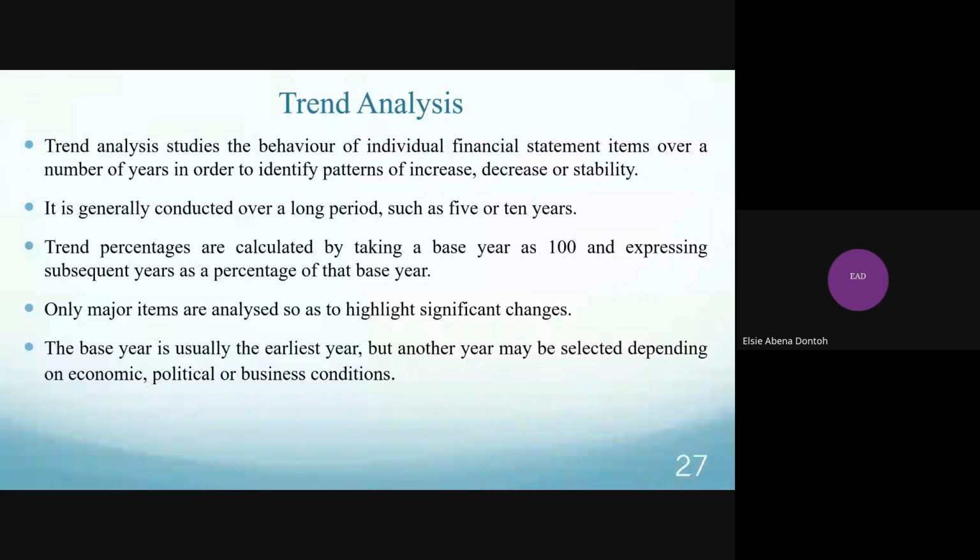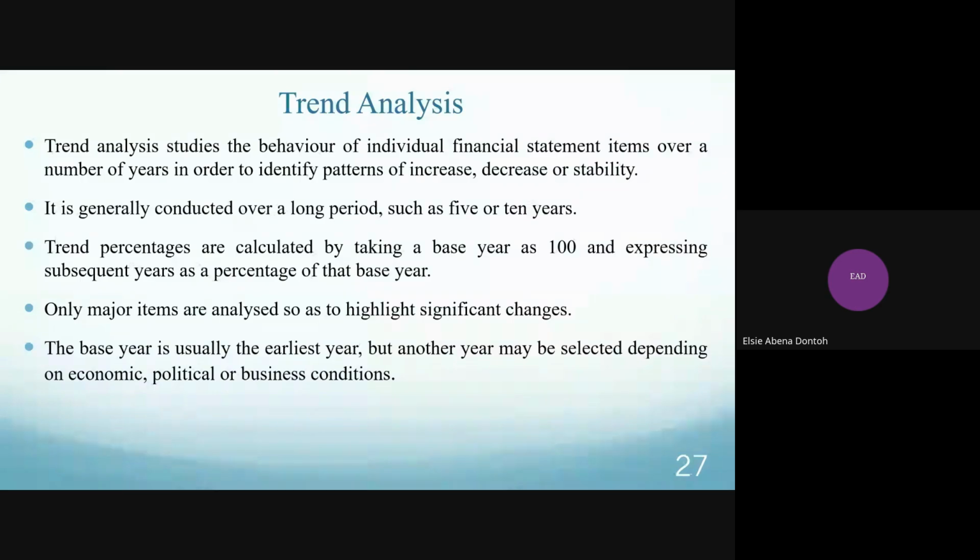Generally, we conduct it over a long period of time, say 5 or 10 years. With the previous comparative, vertical and horizontal analysis, we were comparing using 2 years or so. But with trend analysis, you'd have to undergo this analysis for say 5 or 10 years.